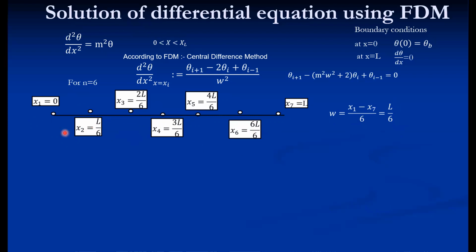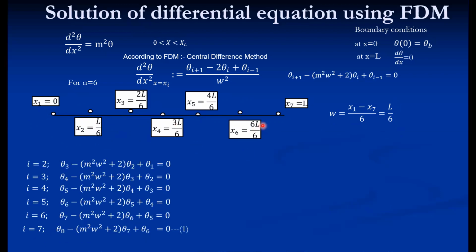So this way we get the values of each x. So the x values we have defined. Now we put in the values of i, from i equal to 1 to i equal to 7. From 2 to 7, if we put 2 instead of i, we get this expression.